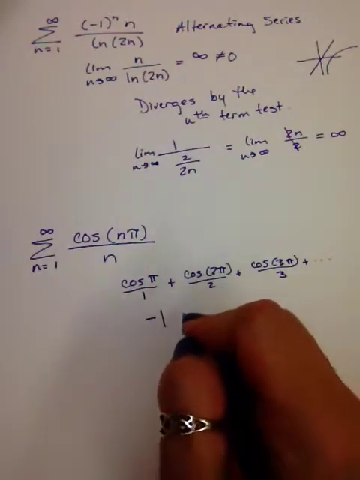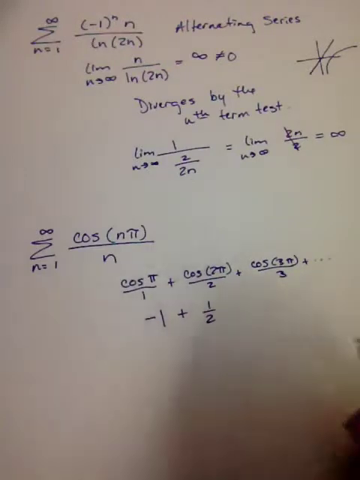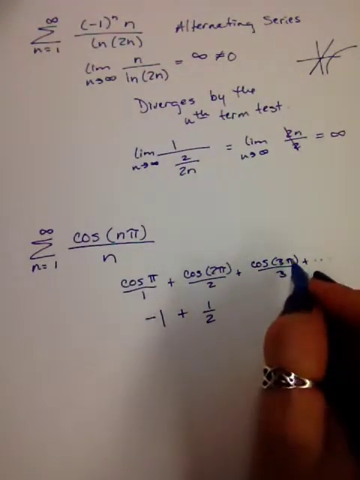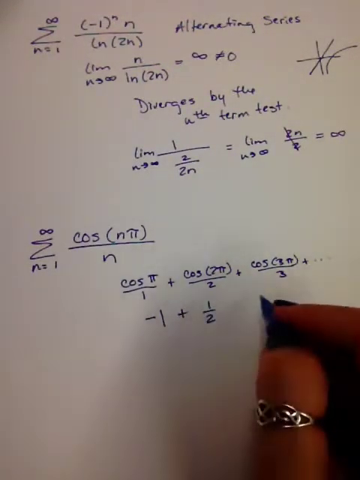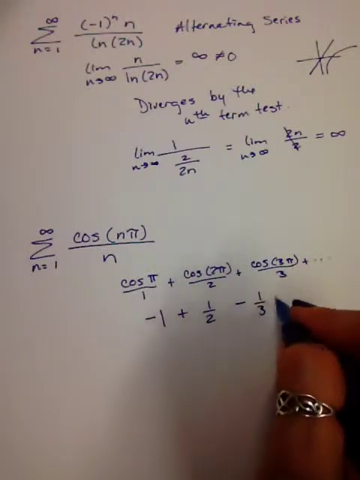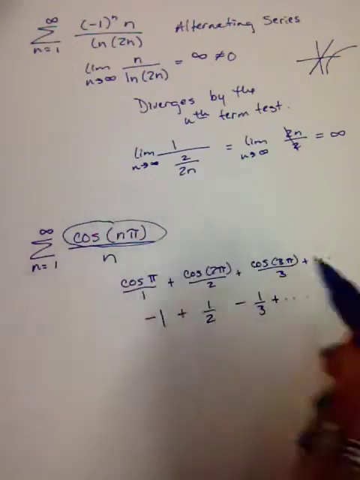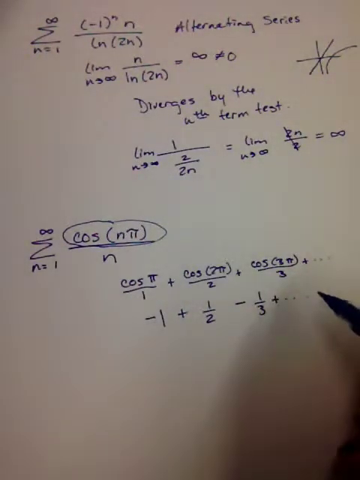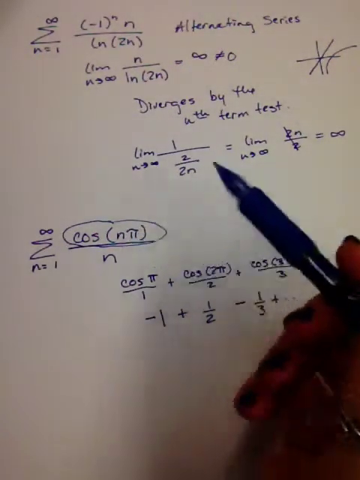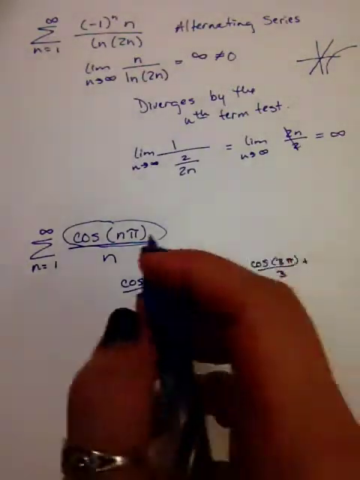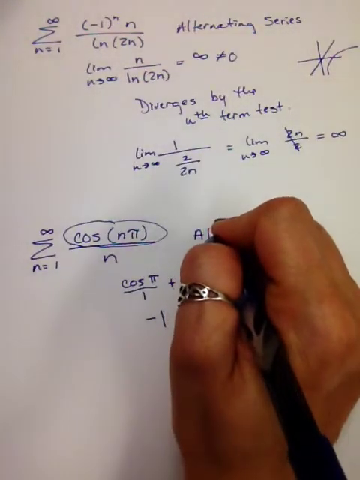Cosine of 2 pi is a +1, so plus 1/2. Cosine of 3 pi is, we're back to -1, so minus 1/3. So the cosine of n pi is making the series alternate. It's actually like a (-1) to a power. So I can say that this is an alternating series.